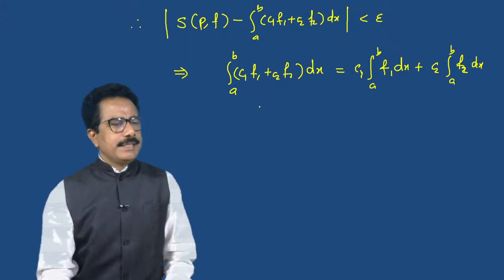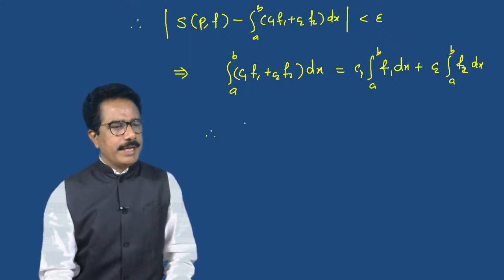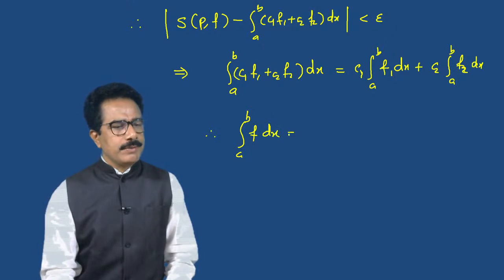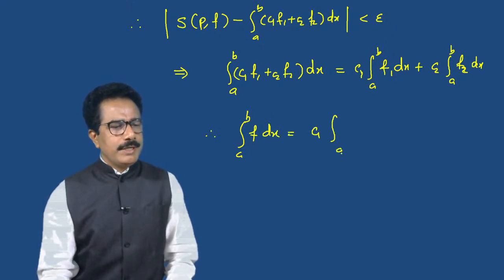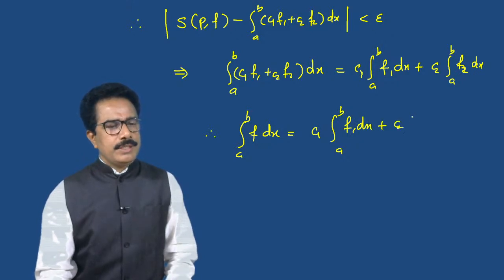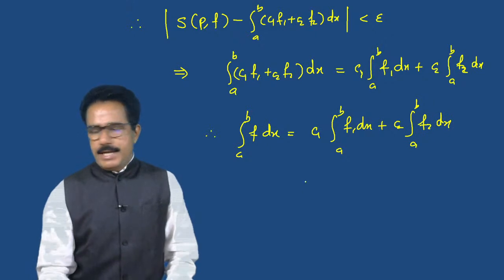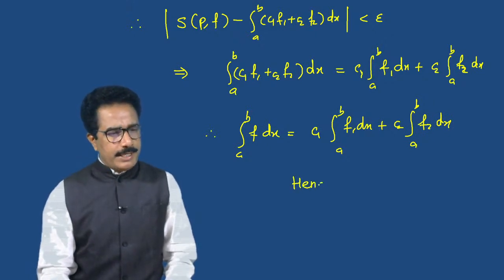But this is also f, so we can write integral from a to b f dx is equal to c1 integral from a to b f1 dx plus c2 integral from a to b f2 dx. And hence proved.